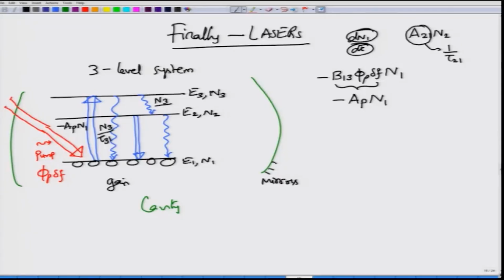This reaction on the other hand will give out spontaneous emission, so I have to change this one from a wavy line to a straight line. Now, this interaction from E3 to E2 is a non-radiative one, so that would be N3 divided by tau 32. Notice that we are writing this as tau 32 because you are going from energy level E3 to energy level E2.